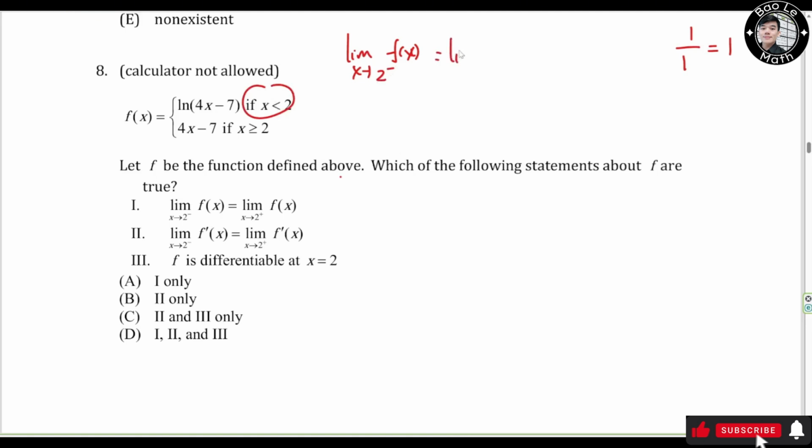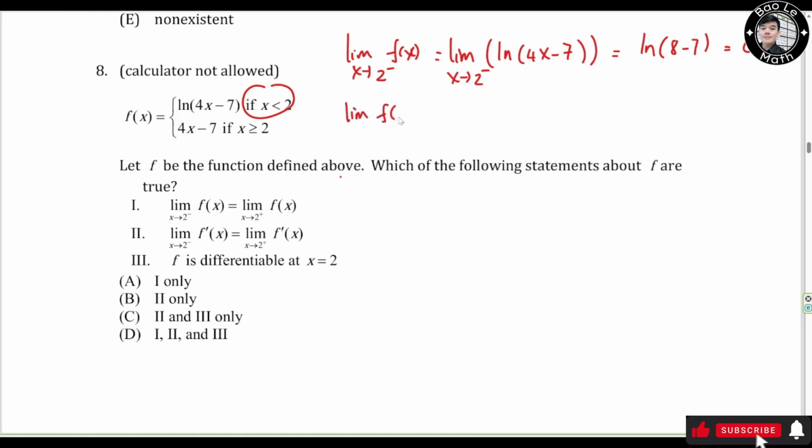So it's the limit of ln of 4s minus 7 when s approaches 2 minus. We substitute over here, we have ln of 8 minus 7, which is ln of 1, which is 0, right?